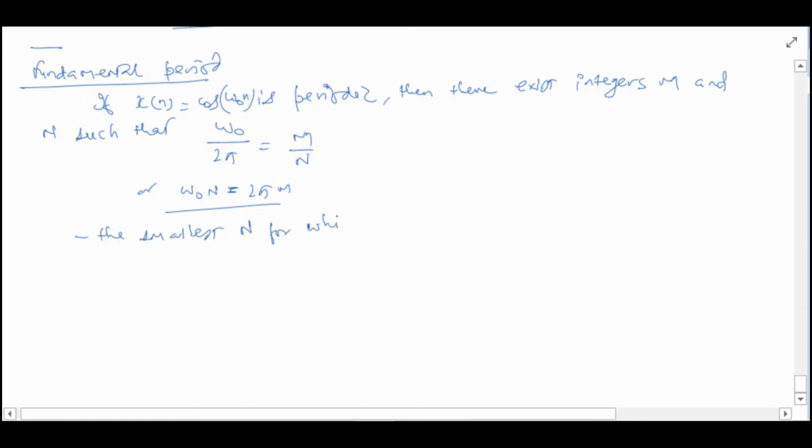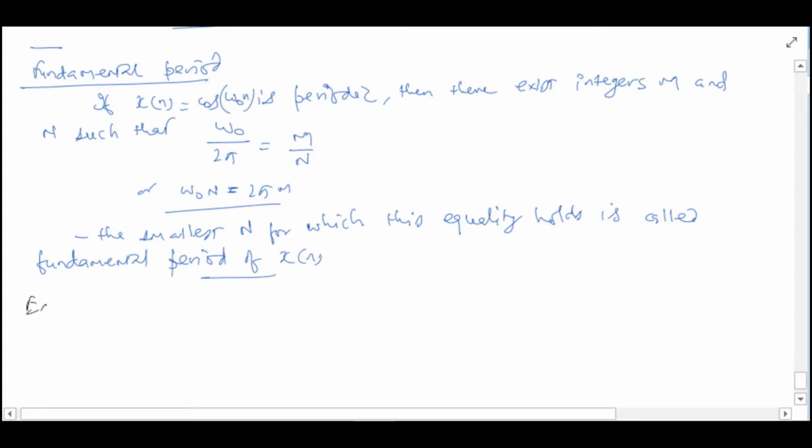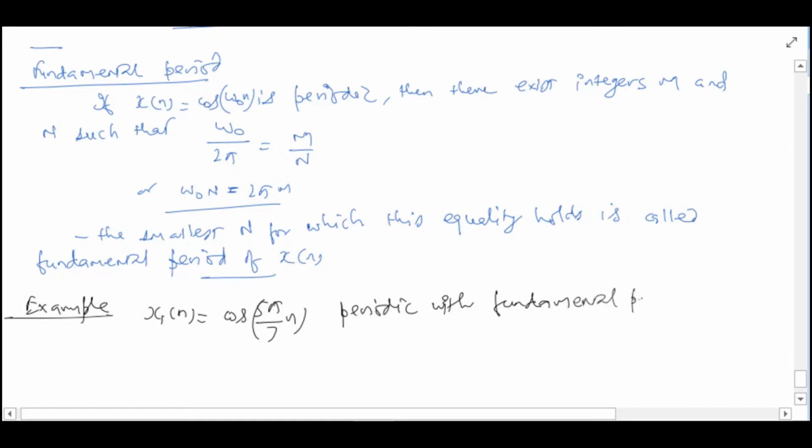Let's see an example. Consider x1[n] to be equal to cos 5 pi by 7 n. Following the above definition, it can be seen that x1[n] is periodic with fundamental period n1 equals 14.